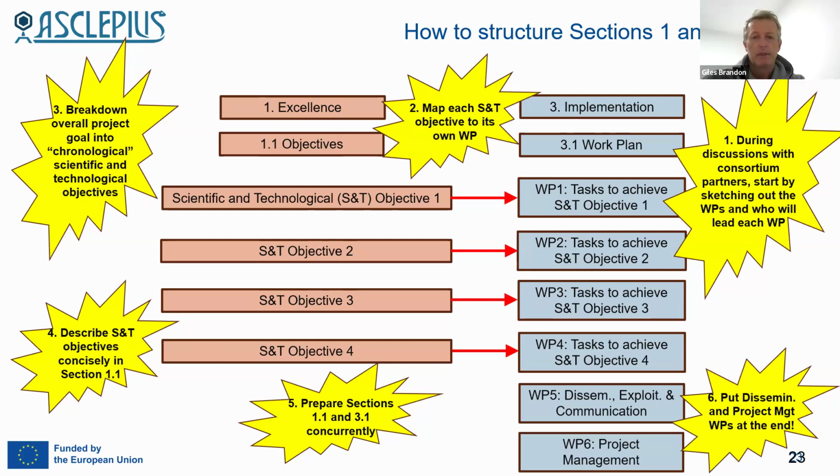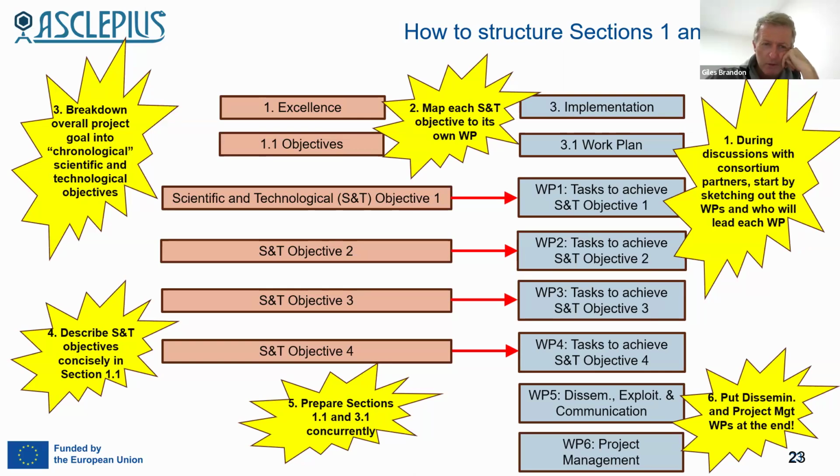Looking at the figure, hopefully you'll identify that there are two columns. There's a column on the left with these pinkish reddish blocks. The one at the top says excellence. Below that it says 1.1 objectives. And then there's this second column with blue blocks where the one at the top says 3, implementation.